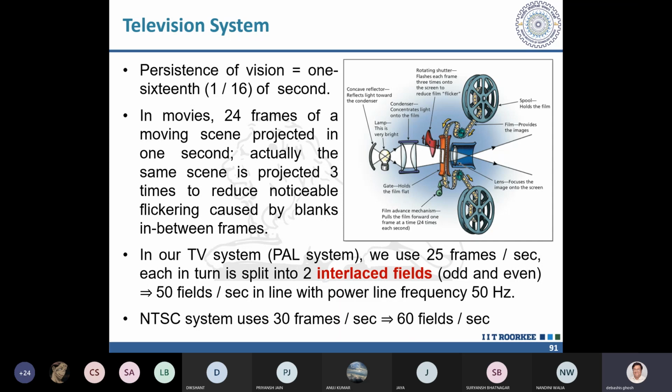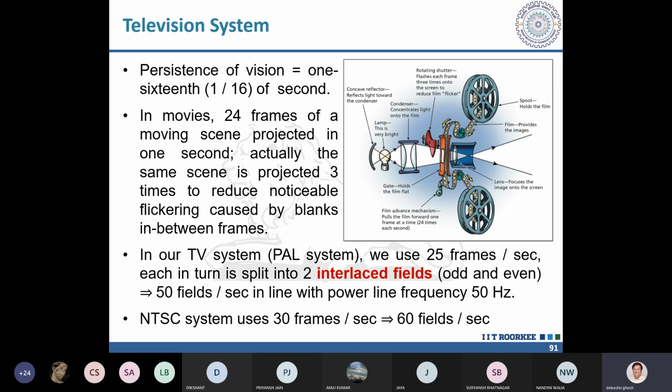We know that the persistence of vision is 1/16th of a second. That means if I show you something, it remains in your brain for 1/16th of a second. So if I show you a snapshot of a video scene, and then within 1/16th of a second I show you another snapshot of the same scene, then you will feel that there is a continuity.